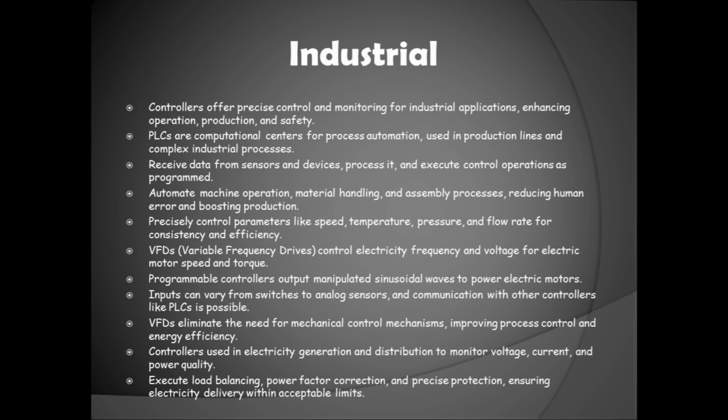These controllers receive data from sensors and other devices as inputs, process it, and then carry out control operations according to their programming. Controllers improve processes, minimize human error, and boost production by automating functions including machine operation, material handling, and assembly processes. They make it possible to precisely control parameters like speed, temperature, pressure, and flow rate, assuring a process's consistency and efficiency.